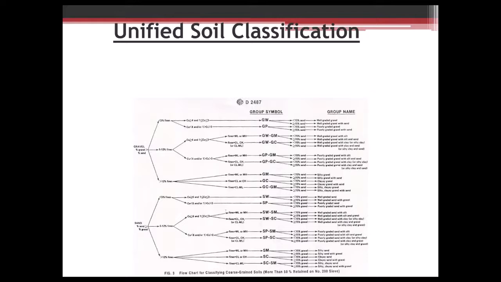This slide here gives you an idea of part of the Unified Soil Classification, the breakdown, just to give you an idea how the breakdown goes, when you have various particle sizes and how to follow the flow chart.